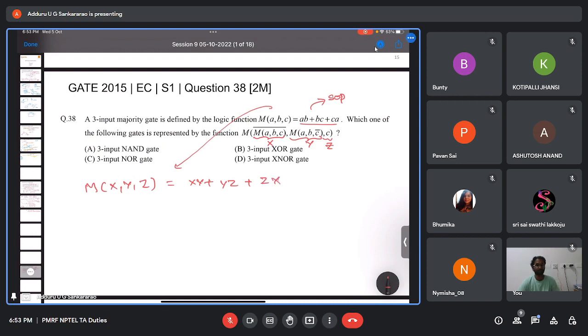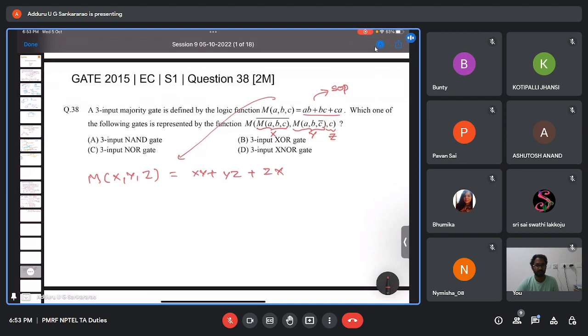This is our M. Now one by one we need to find out what we require.